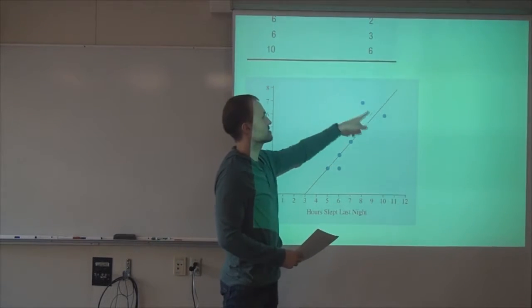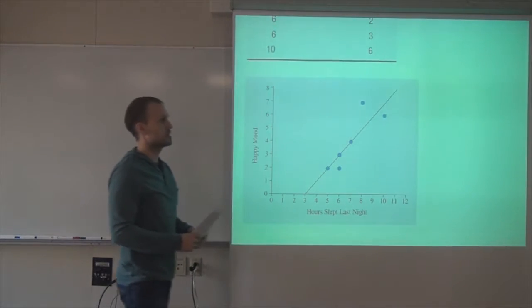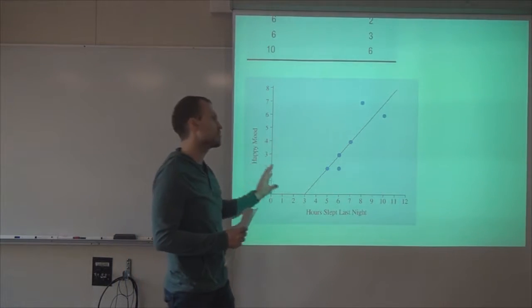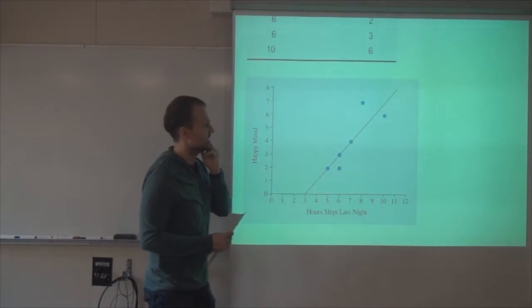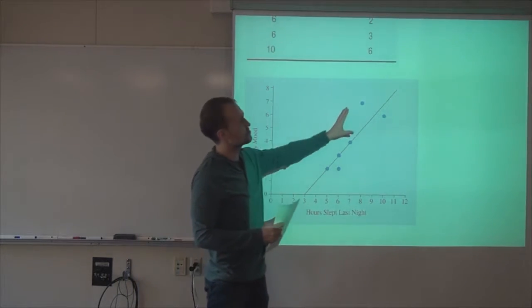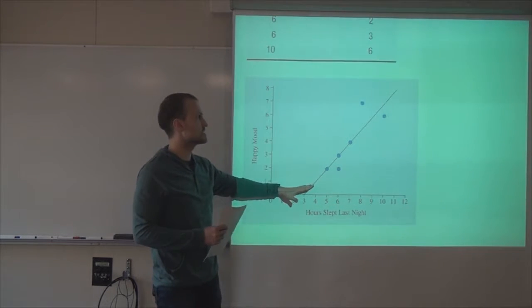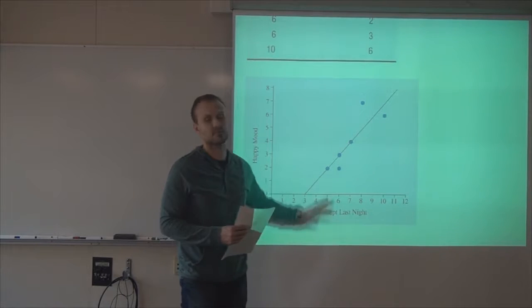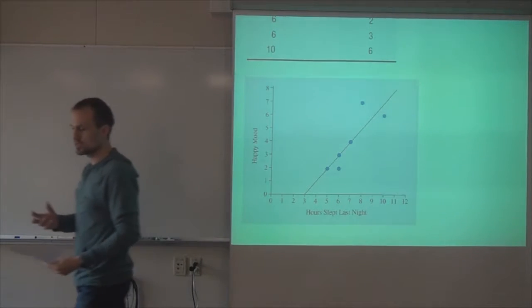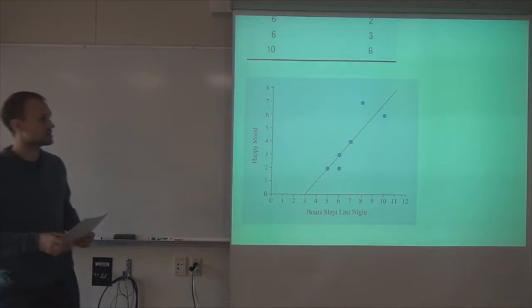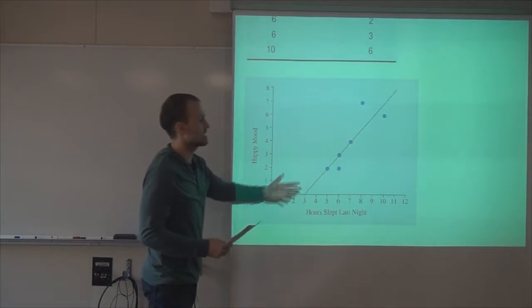And I could find some pattern in what the dots suggest, that there seems to be some line that resembles the relationship between these two variables. Something like that, maybe.